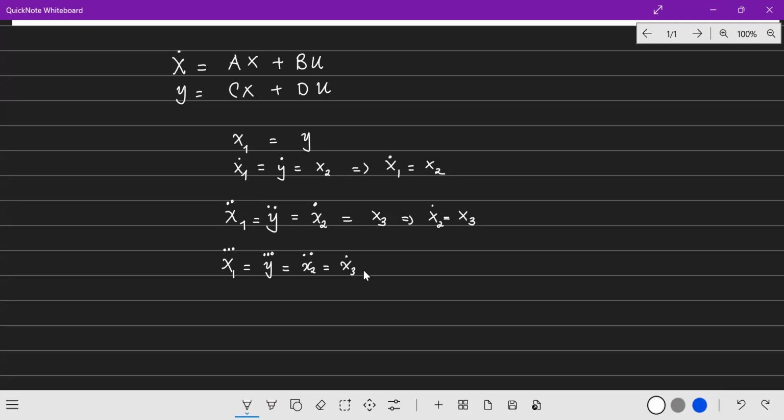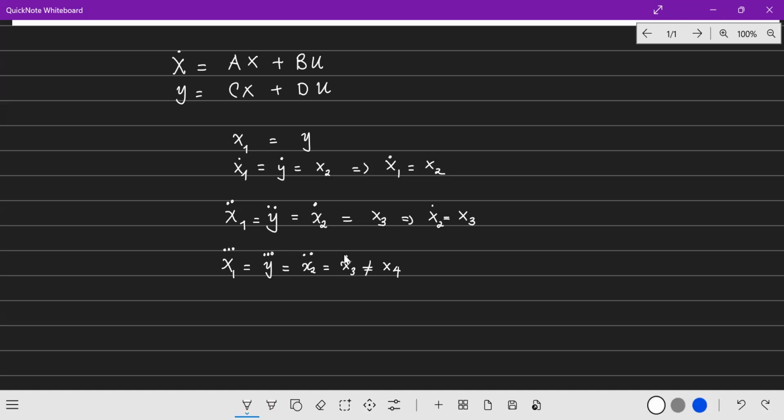But you are not going to say x3 dot is equal to x4, please. Remember that we want to describe our system using 3 states. Introducing an x4 means introducing a fourth state, and this is a third order system, so you can't have 4 states to describe it.